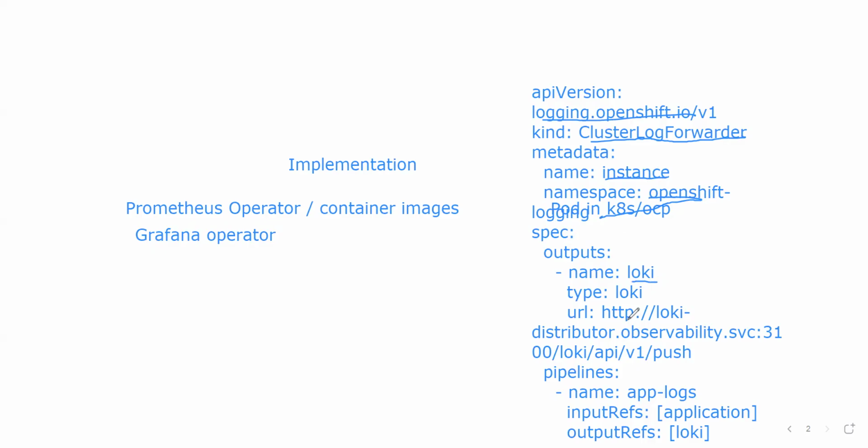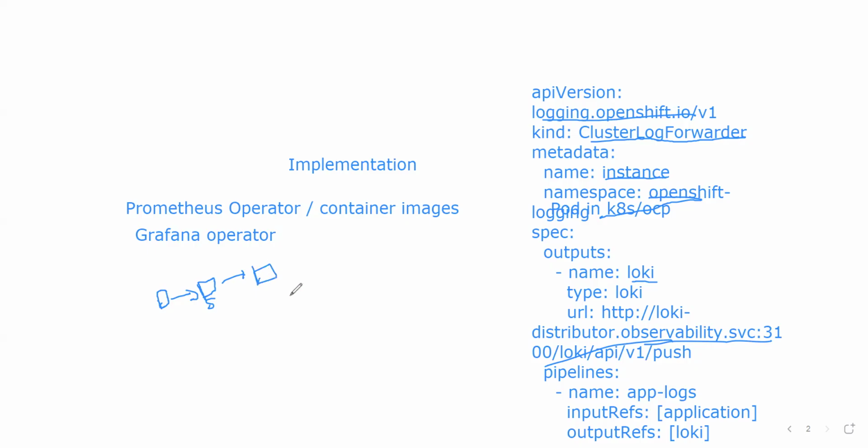And we need Loki also running as a pod. If anything runs as a pod, it will have a service attached to it. So for that service endpoint, pod to pod, we can use the service endpoint, or you can use a route also. It depends on how you configured it.